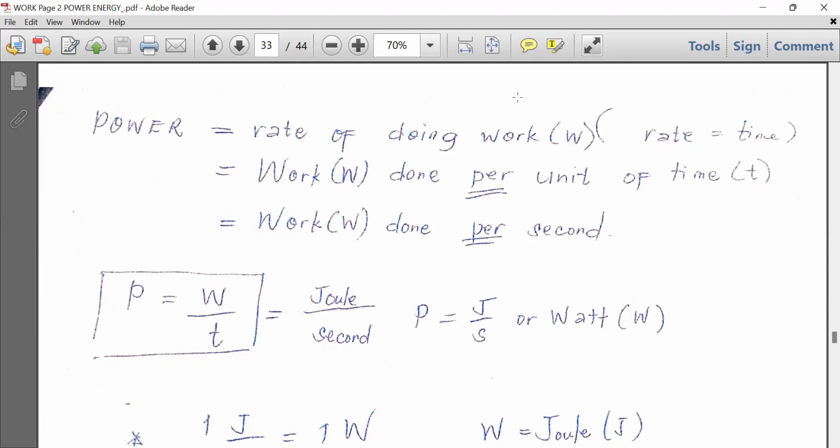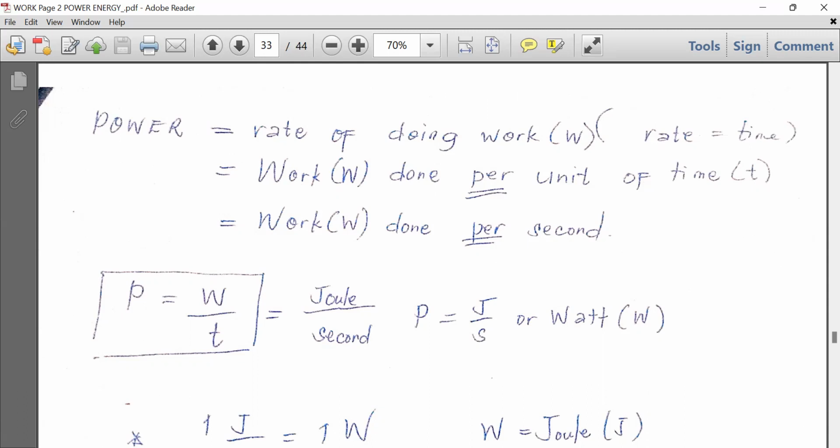Which one has a higher power, a higher rate of doing work? Of course the 200-watt machine, right? Rate means time, the time it takes to do the work. Work done per unit of time. That is called power.